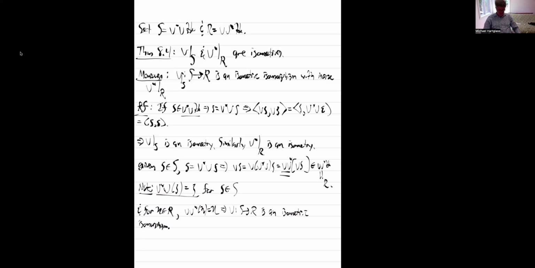So let me draw a little picture of what we have so far. One way I can break up my space is I'm going to have an S, and here maybe I have my space R. And the idea is that V maps S to R isometrically.